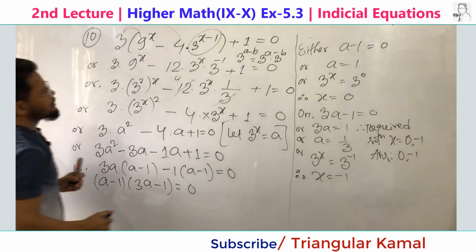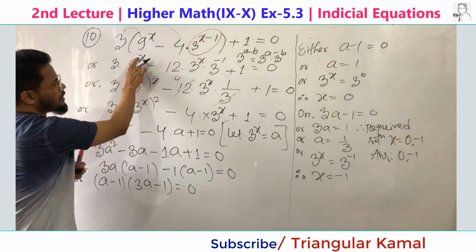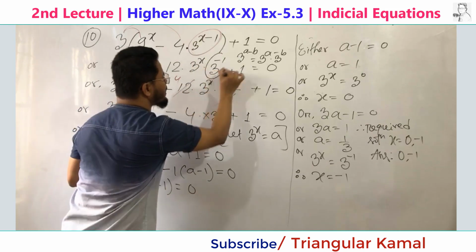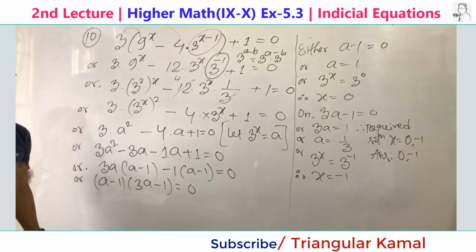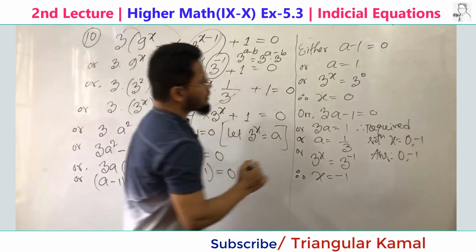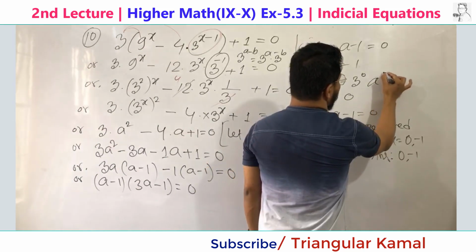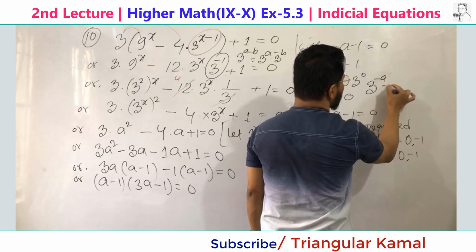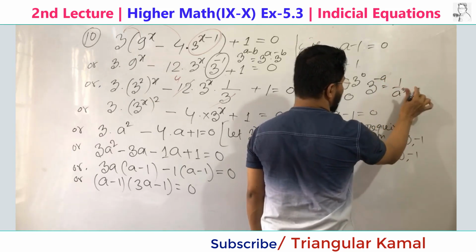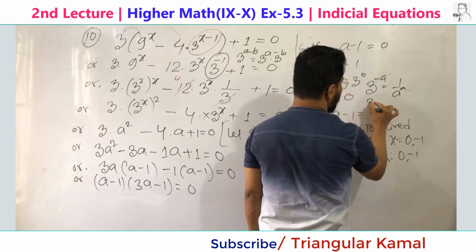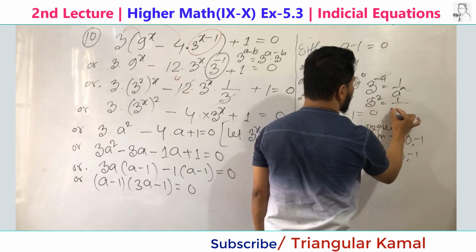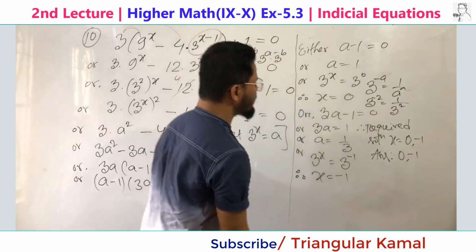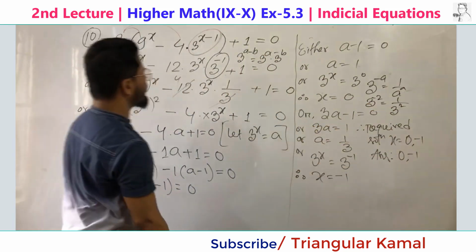Now, this is the positive sign as the index x, but this is the negative one, 3 to the power minus 1. Like 3 to the power minus a, you can write here 1 by 3 to the power a. So 3 to the power minus 2, we can write here 1 by 3 to the power 2. That means 1 by 9, we can convert it as an index form.